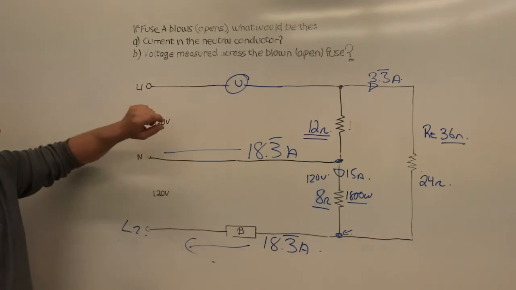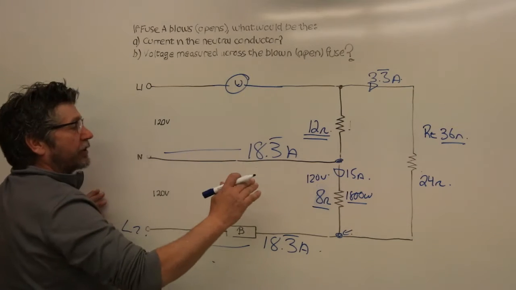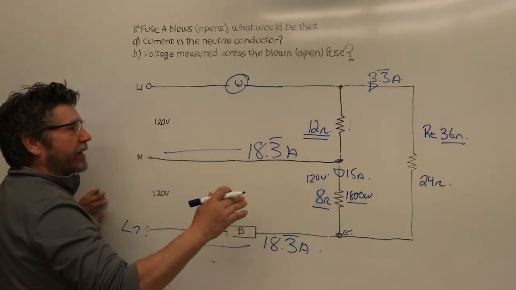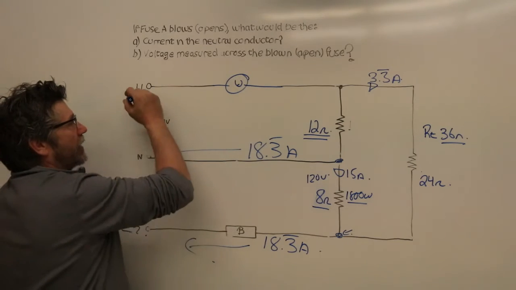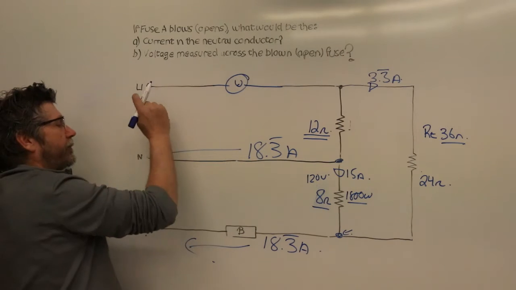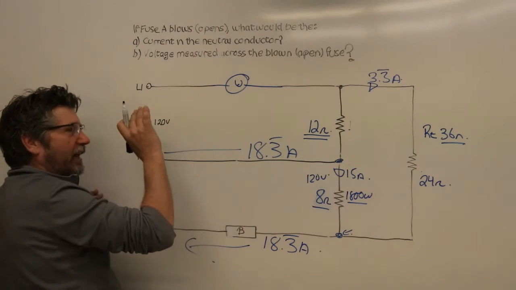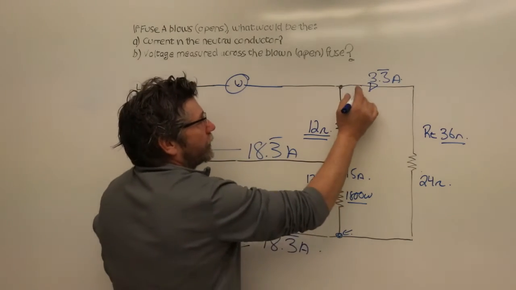There's my neutral current, and the voltage measured across here. Now what I like to do, as we said yesterday on bridge circuits, is use any closed loop. I like going back to my 240 when I lose my neutral, because you can get a little bit lost in there. So let's go back here.